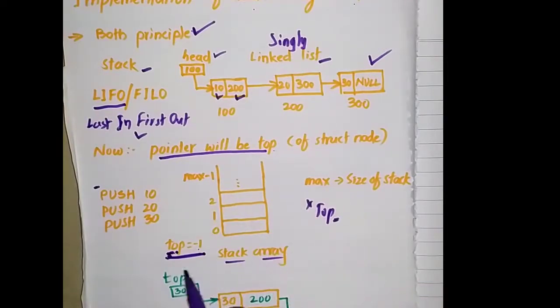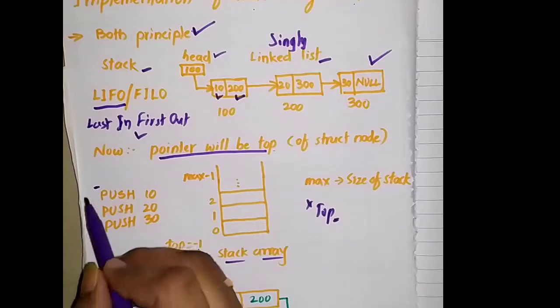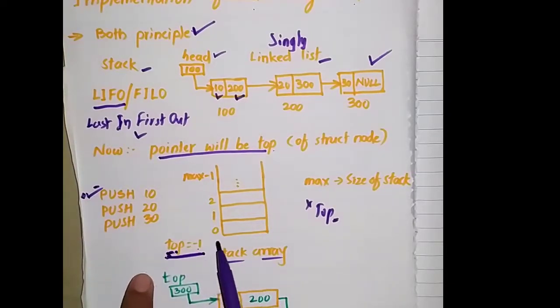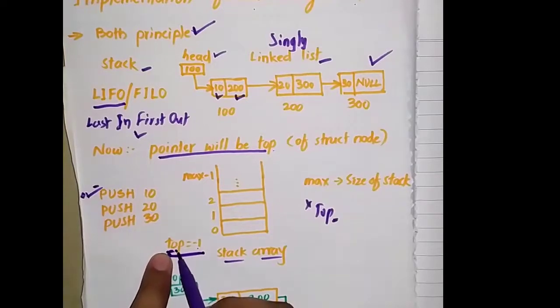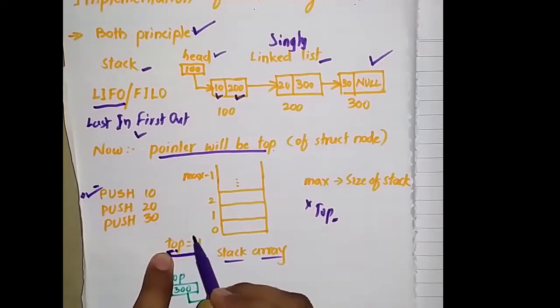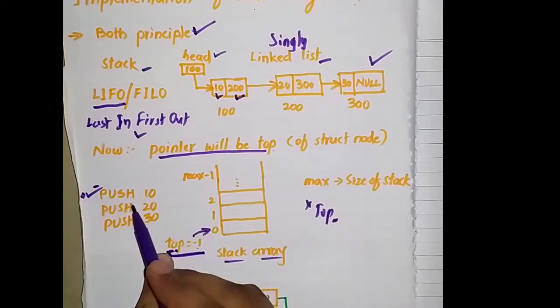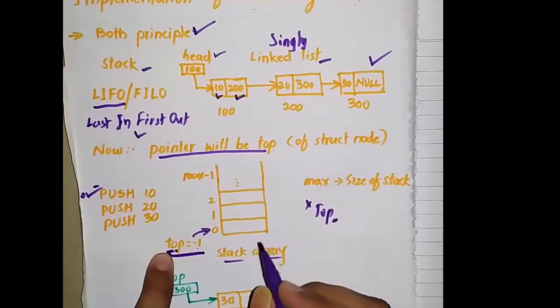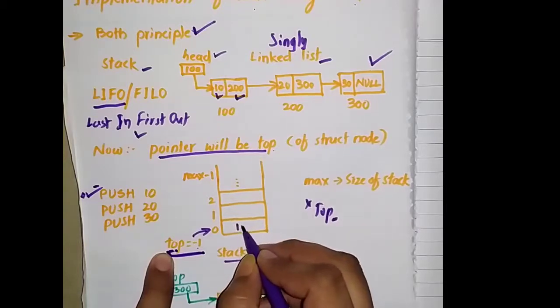Then as soon as we receive the first instruction, that is push 10, what will happen? We know that the top has to be incremented first, that is from -1 it will come to 0, and whatever data I want to push will be stored into that particular location. So here it will be 10.